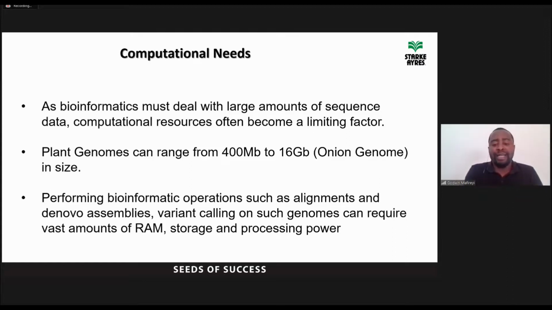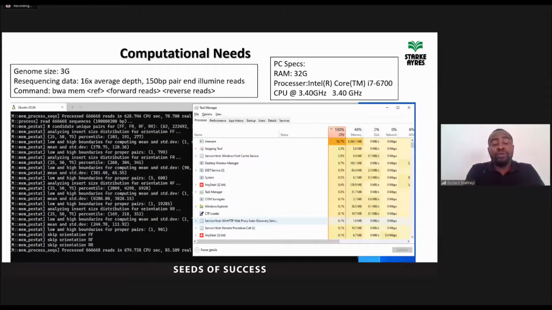So to just give an example of the computational needs that the bioinformatics department has, this is one of our runs where we are trying to align sequence reads of one of our plants. So we do a lot of comparative genomics.